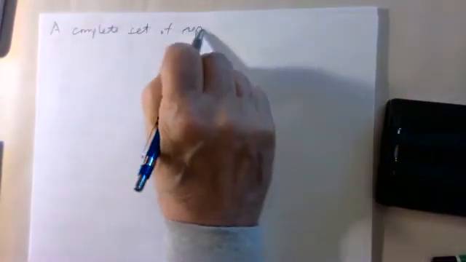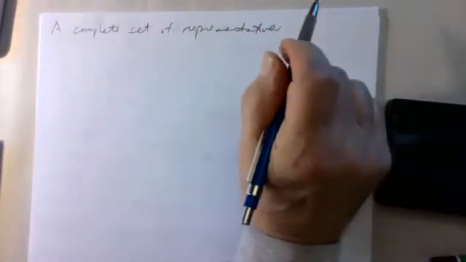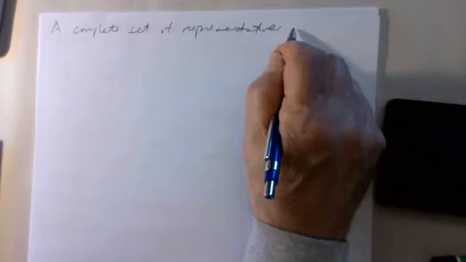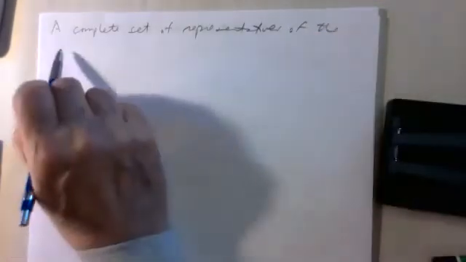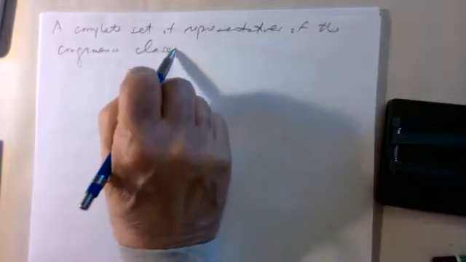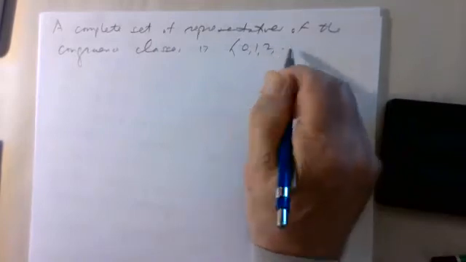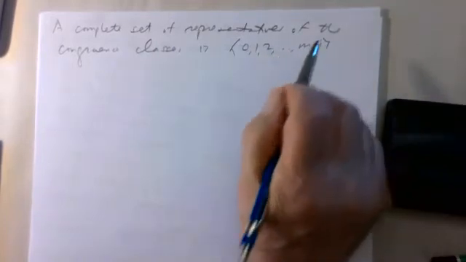A complete set of representatives, there are many such, but one example of a complete set of representatives of the congruence classes is the set of non-negative integers from 0 to m minus 1.